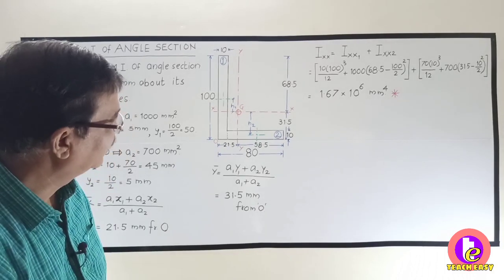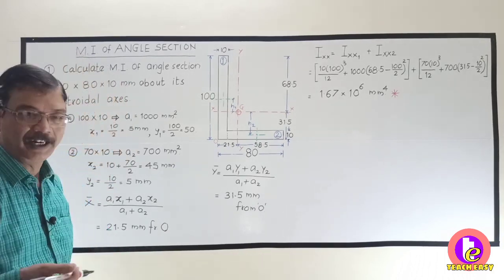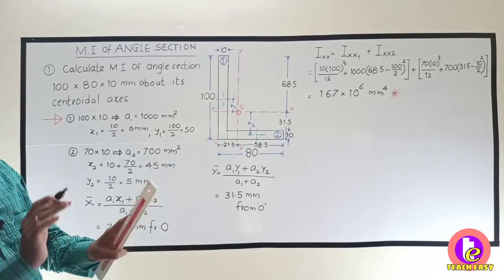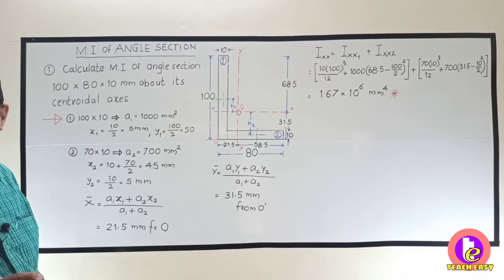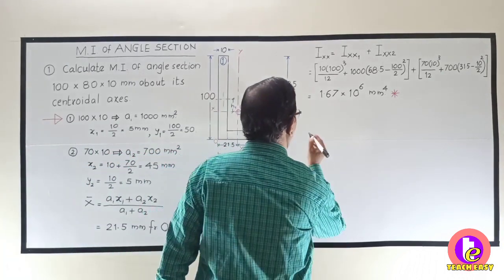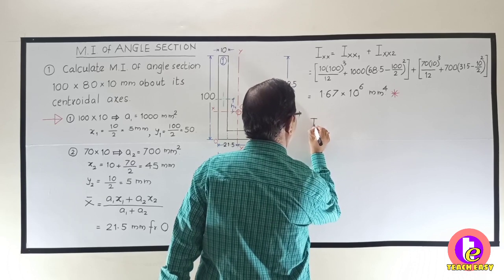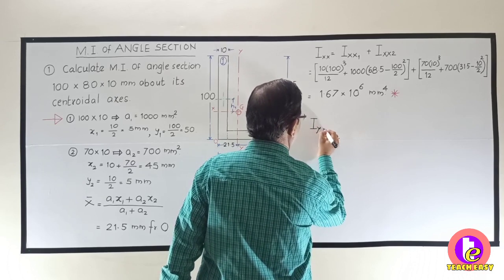Now, let us calculate IYY. For IYY also, both the rectangles are not symmetrical. So what will I write? Come on, tell me. Again, what will be IYY?